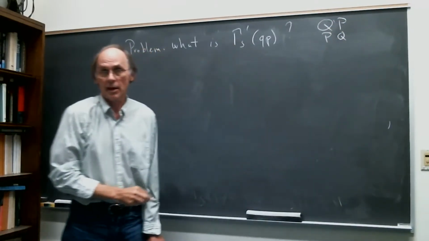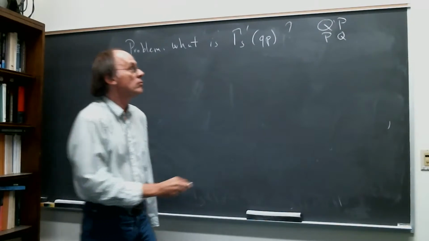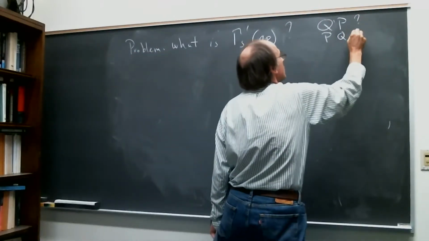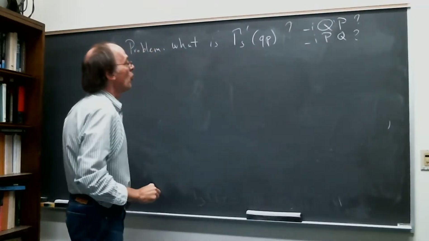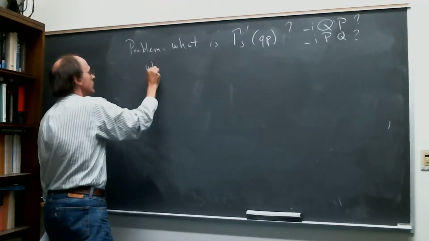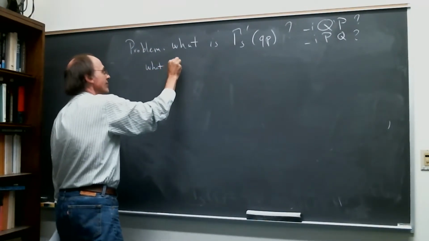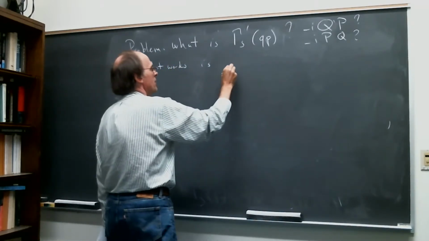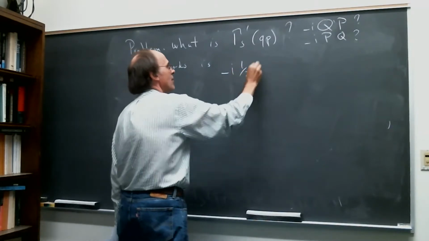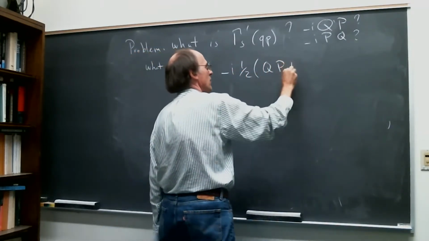They're not the same thing. Or you could put minus i and minus i. Okay. So what works is minus i times a half times QP plus PQ.